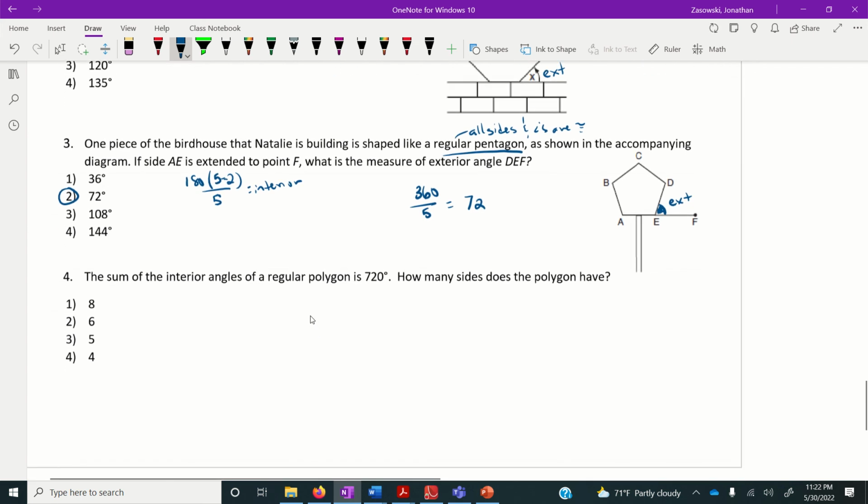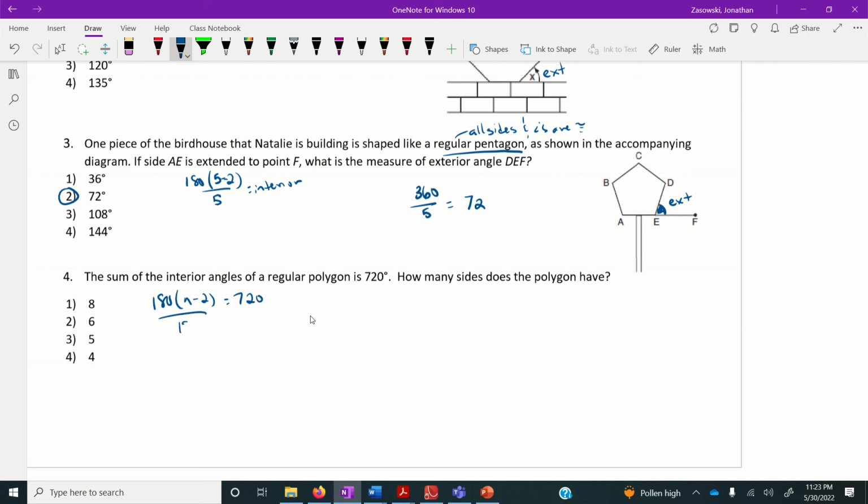All right. Number 4, the sum of the interior angles is 720. How many sides does it have? Now, it's only 4 choices, so we could just plug in 8, 6, 5, and 4 and see which one gives us 720. The other option is to solve for n.